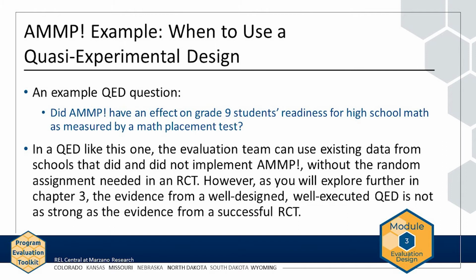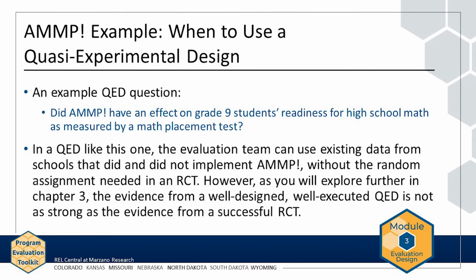The team can use these data to begin to understand how similar the AMMP and non-AMMP schools, students, and teachers are to one another, across a number of factors. The team can also use the data in statistical models to adjust, at least in part, any differences between the treatment and comparison groups that might be related to the outcomes the team is most interested in.